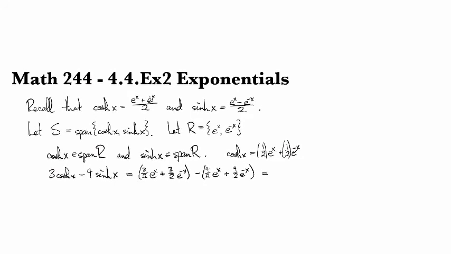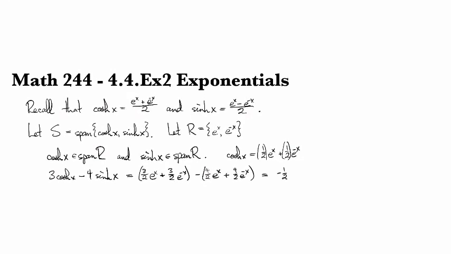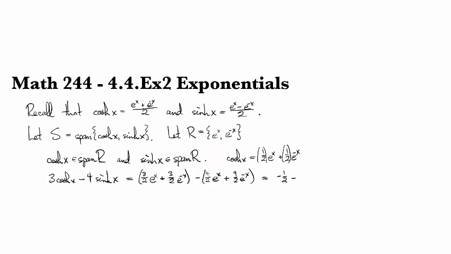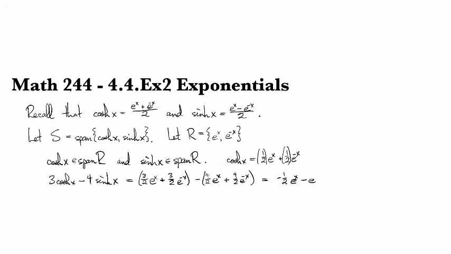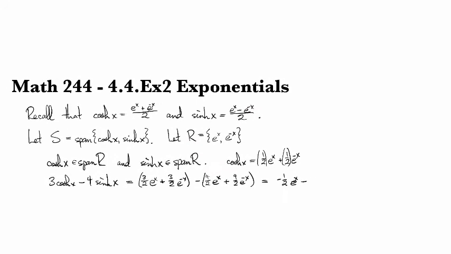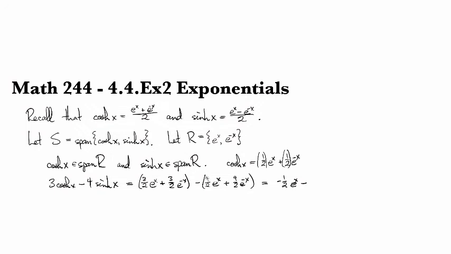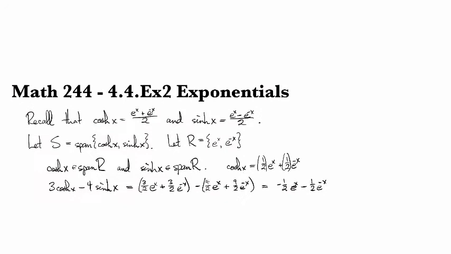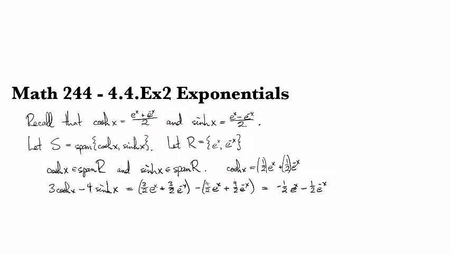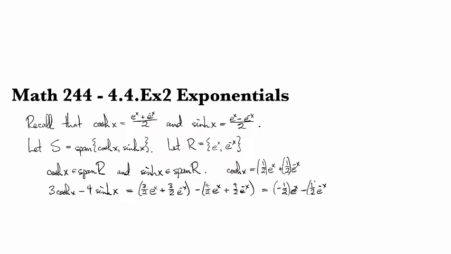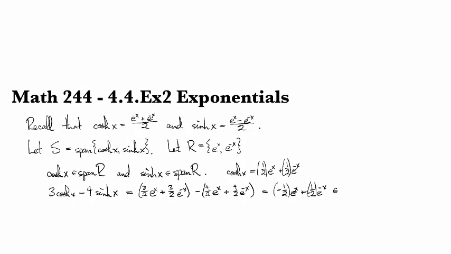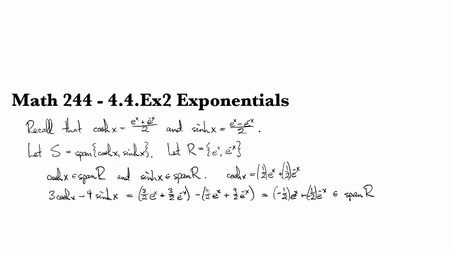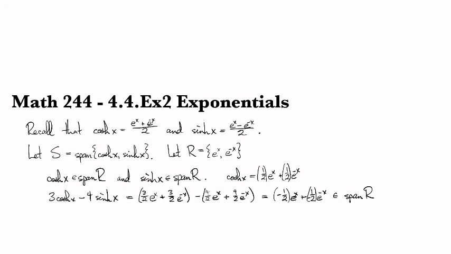And so then we have minus 1/2, so 3 minus 4, e to the x and minus 1/2 e to the negative x. And so this is very definitely then an element of span R. So anything that you can build out of cosh and sinh, you can also build out of e to the x and e to the negative x.